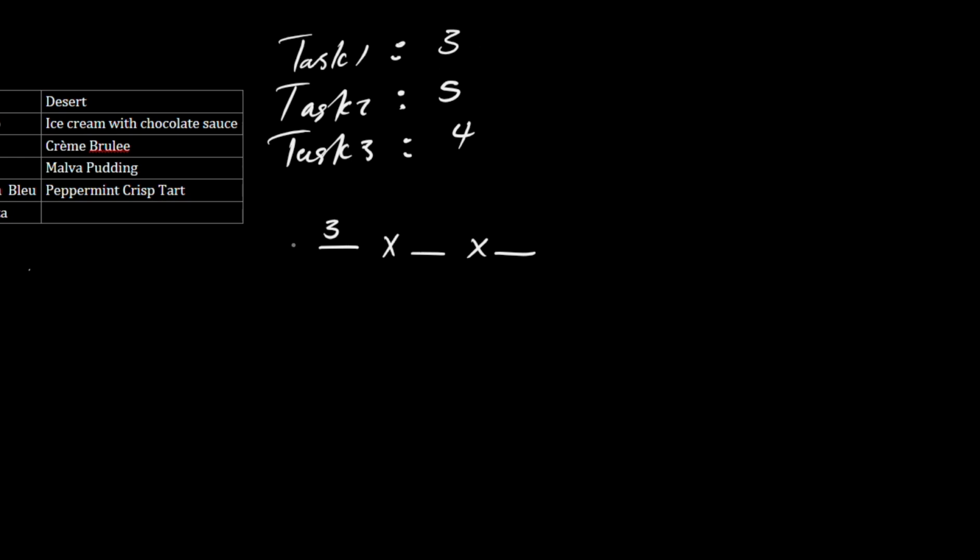That's 3 for the starter, 5 for the main course, and 4 for the dessert. In total, you have 3 times 5, that's 15, times 4, that's 60. So you have in total 60 ways that you can prepare this dinner.